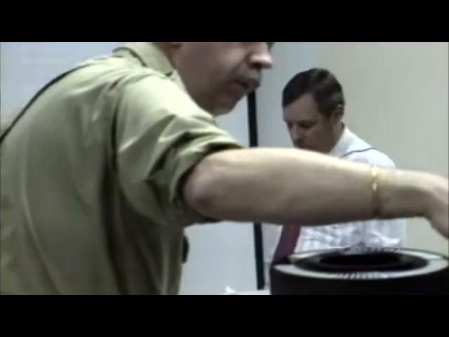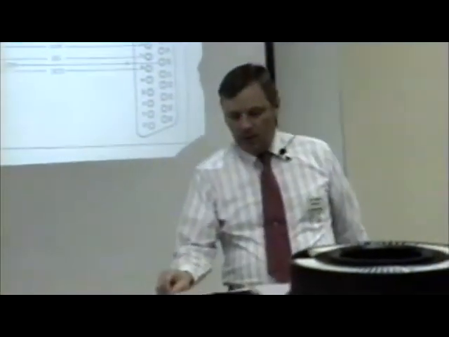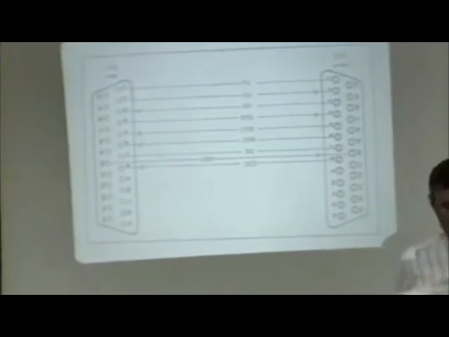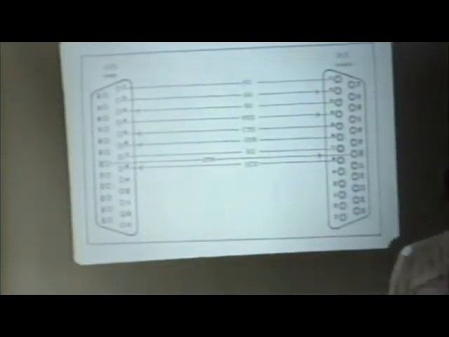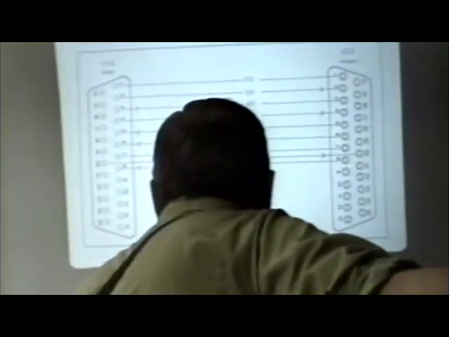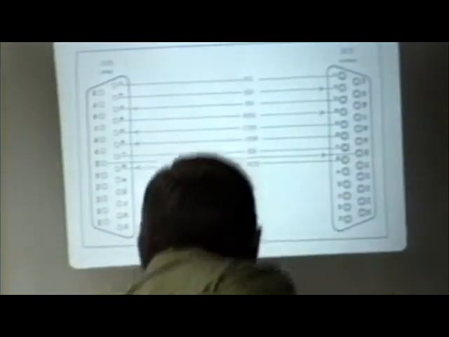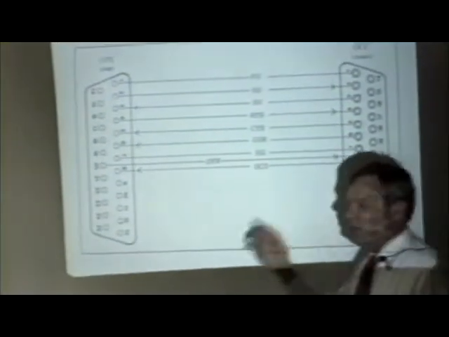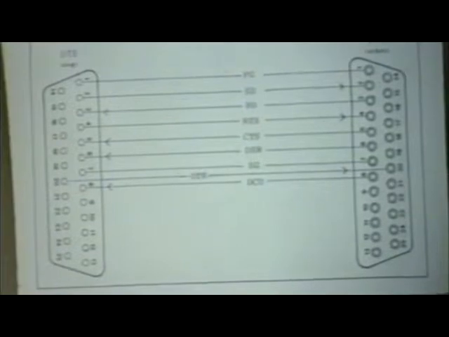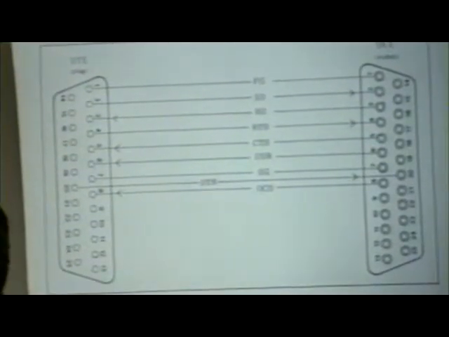We were talking about RS-232 the other day. Now, RS-232 is a standard, and it's an electrical standard, not a physical standard. And this standard, and I'll define that in a minute, is what you find between the computer and the TNC, or if you're using a landline, the modem.